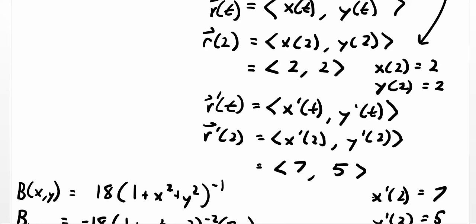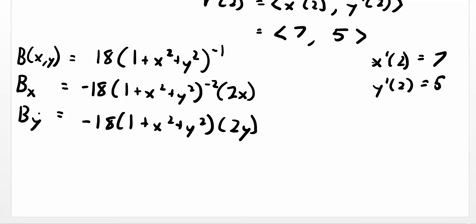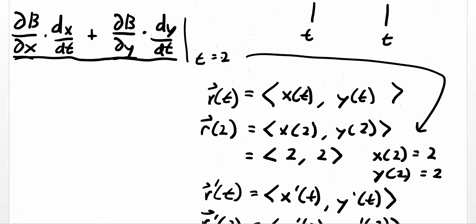So evaluating partial x and partial y at time equals 2 is the same thing as evaluating them at x equals 2, y equals 2. Again, because time equals 2 corresponds to x being 2 and y being 2.